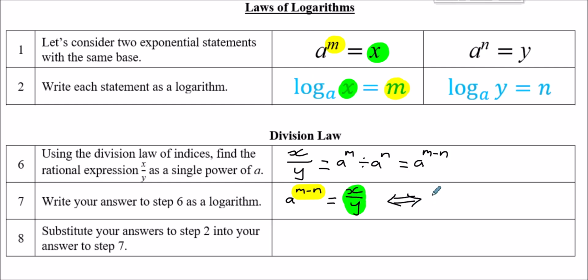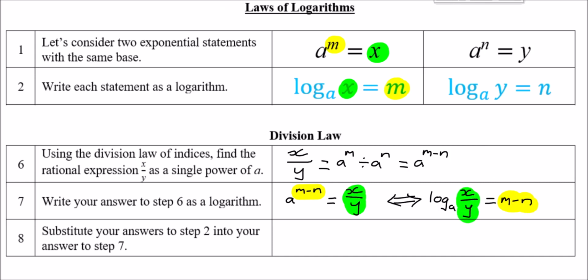So we put log base a of, for green, which we now have as x over y, equals the old power, which was m, but now we've put here, it's m minus n. So using the exact same idea, but just now we have different expressions, that's all.